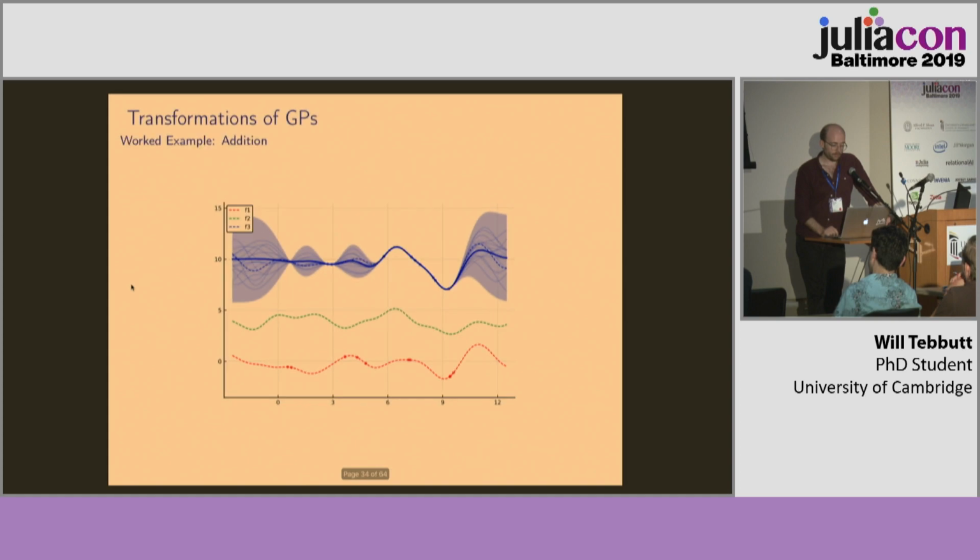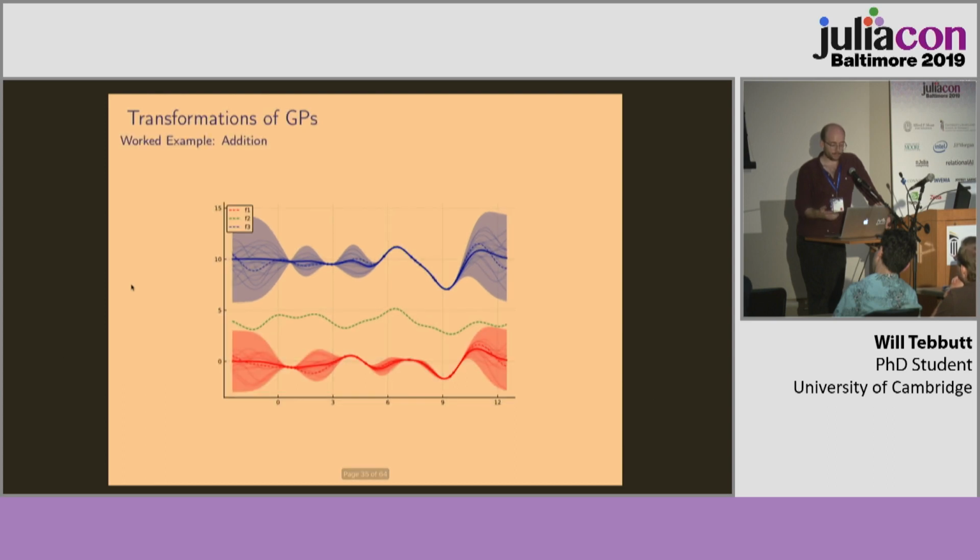So, for example, in the vein of the previous example, given that I've observed some values of F1 and F3, I now have less uncertainty about the values of F3. And this takes into account both observations of F1 and F3 together.